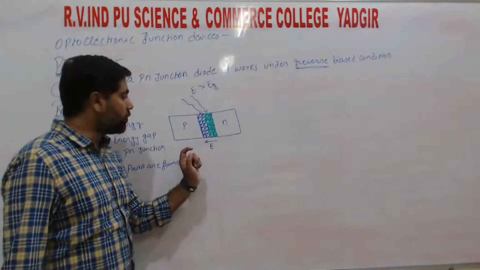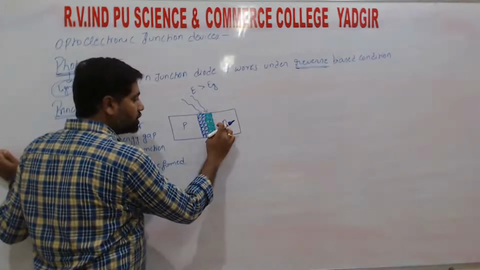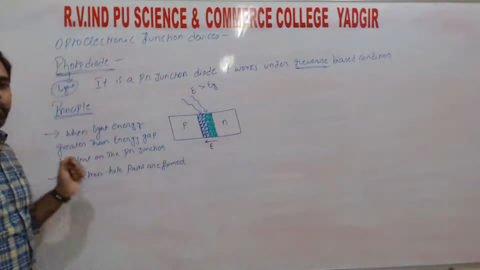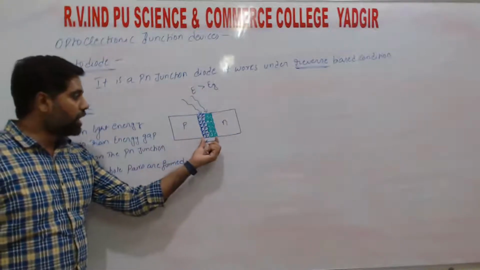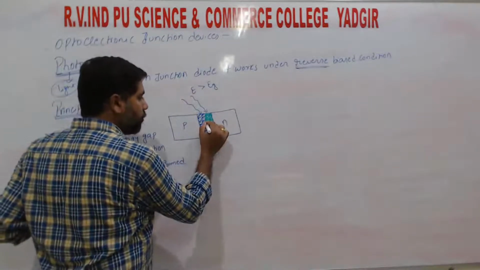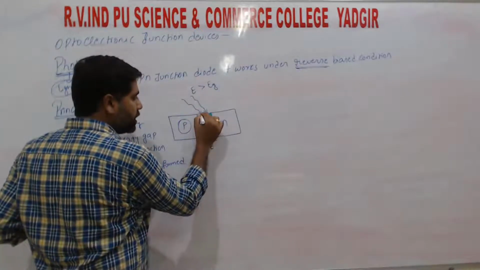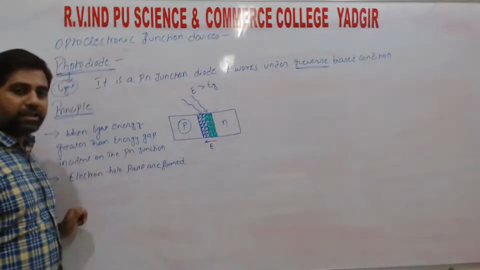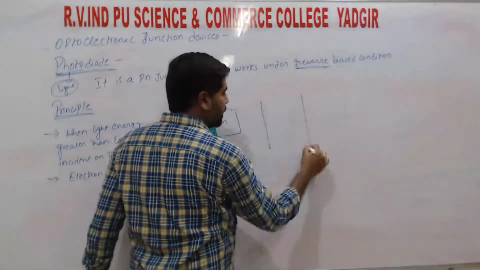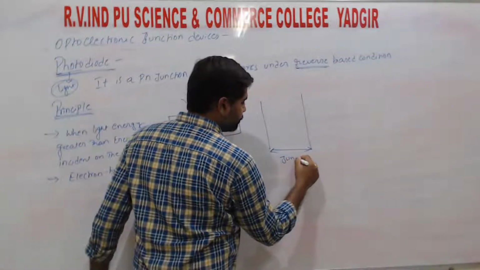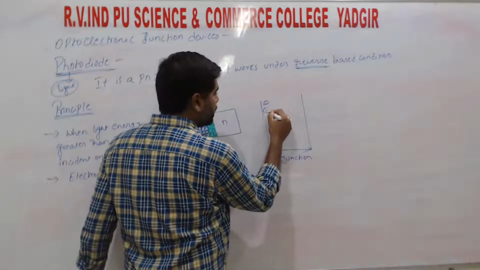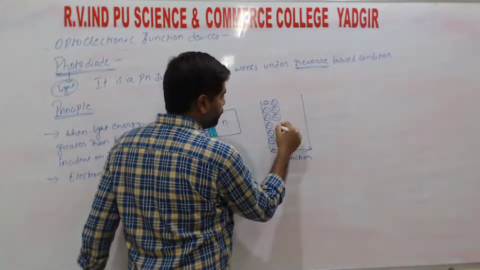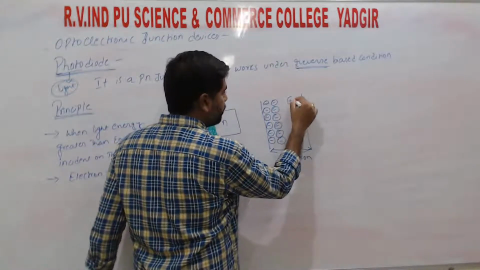Due to this electric field, the electrons will move towards the n region, and the holes, that is positive charges, move towards the p region, right? So here, if you observe, this one is the junction.